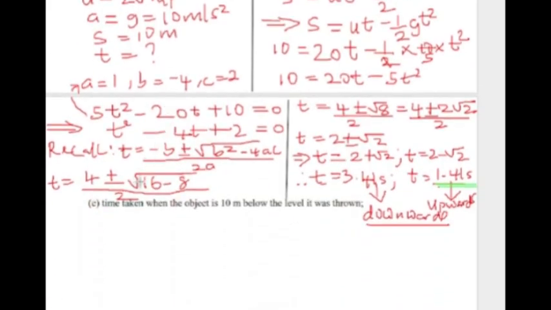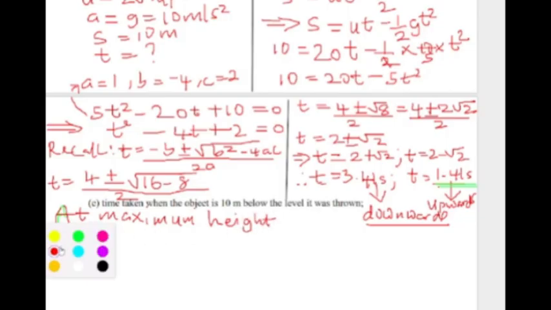First of all, we know that at maximum height, the final velocity is 0.